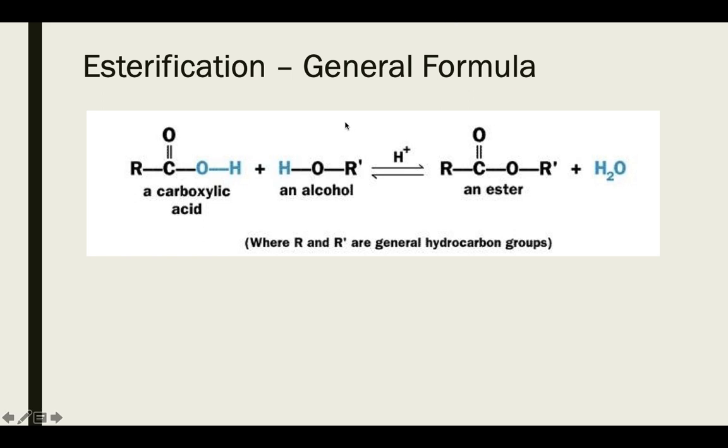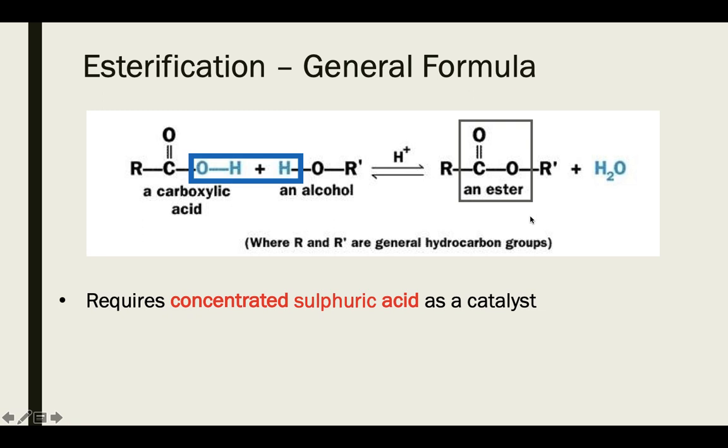Here is a general formula of an esterification reaction. The carboxylic acid loses its OH in the functional group and the alcohol loses an H to make water. The remaining parts combine to make an ester. This reaction requires concentrated sulfuric acid as a catalyst. At the same time, you can see that this reaction is actually a reversible reaction.